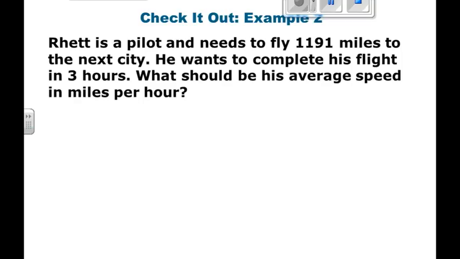All right, so Red, a pilot, needs to fly 1,191 miles to the next city. He wants to complete his flight in 3 hours. What should be his average speed in miles per hour? That miles tells us it's going to be more than 1. The hour means it's going to be 1. So we're going to put the 1 hour on the bottom and the miles on top.